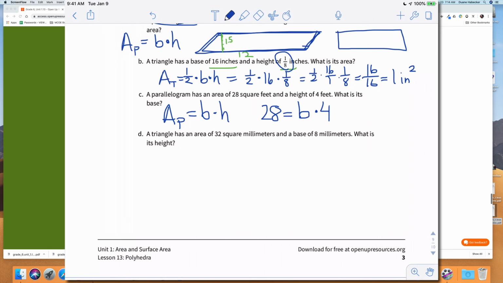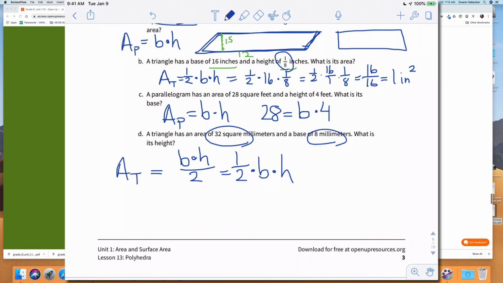And then a triangle has an area of 32 square millimeters and a base of 8. So remember that the formula for the area of a triangle is base times height divided by 2. Or we could say 1/2 times base times height. But we know that the area is 32 square millimeters and the base is 8. So let's do the 1/2.